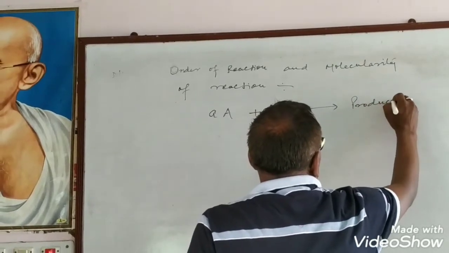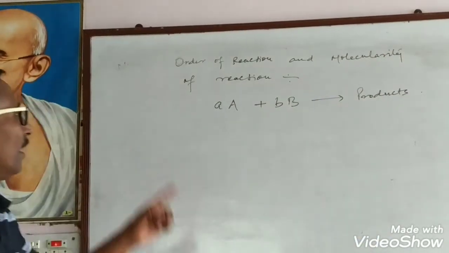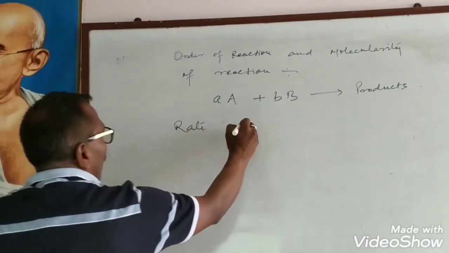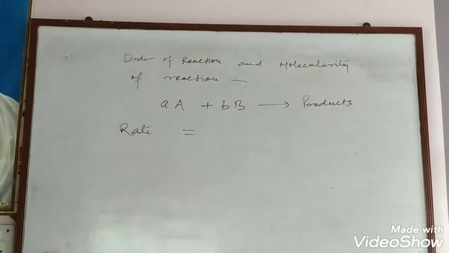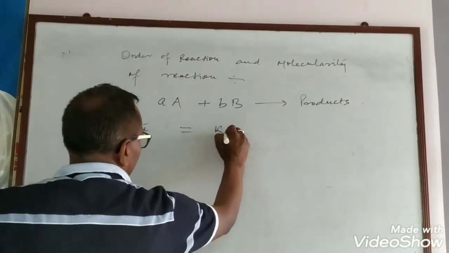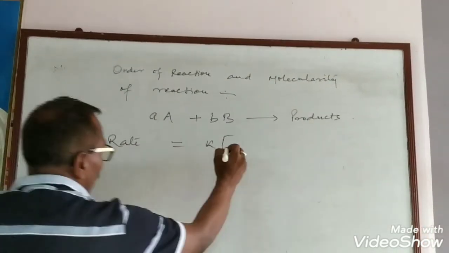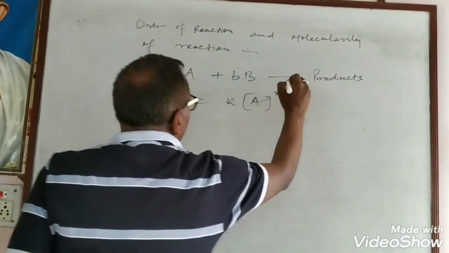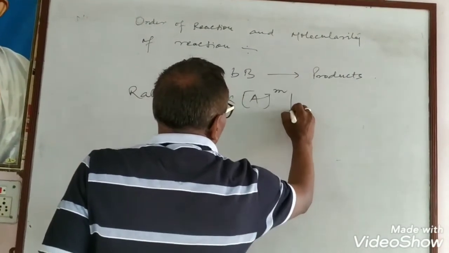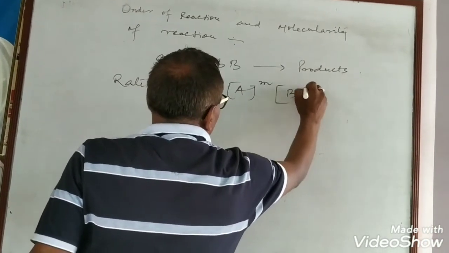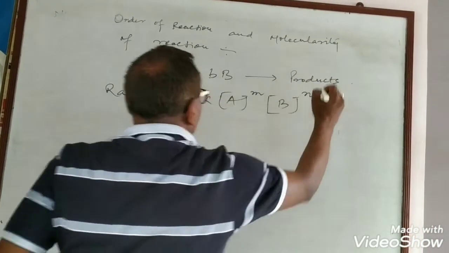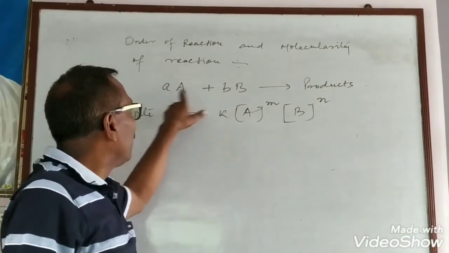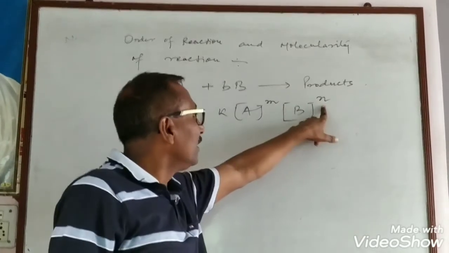For this, the rate law or rate equation is written as rate is equal to k into concentration of A to the power m and B to the power n. This we have already written. In place of A, we write capital M, and in place of B, we write a small m.